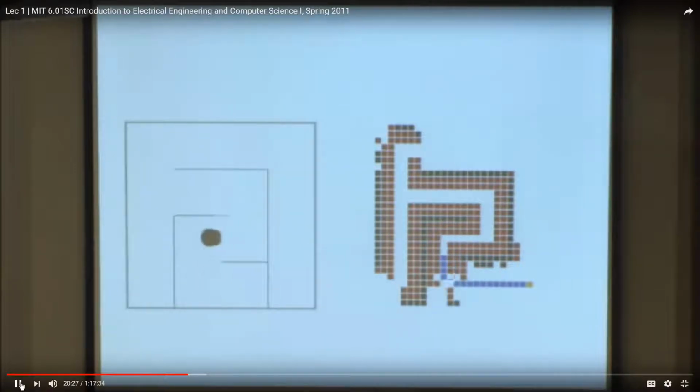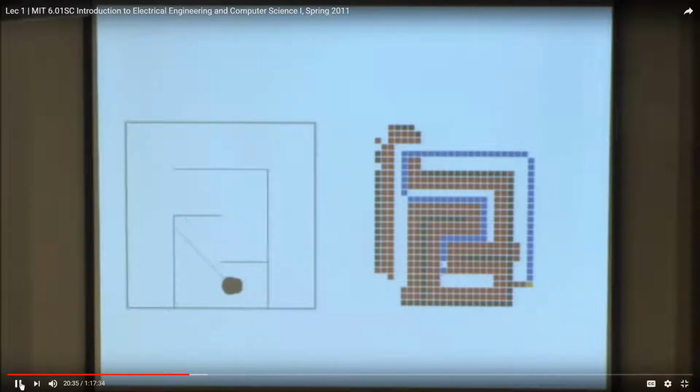So as the robot goes along, it didn't know when it started what kinds of obstacles it would encounter. But as it's driving, it learned, oh, that didn't work. Start over. So the idea is that this robot is executing a very complicated plan.